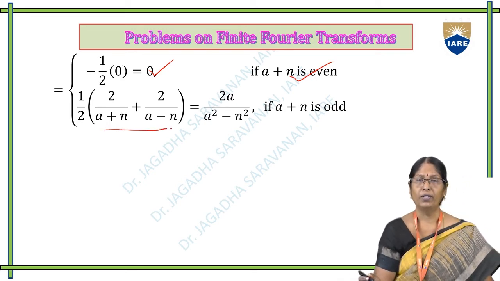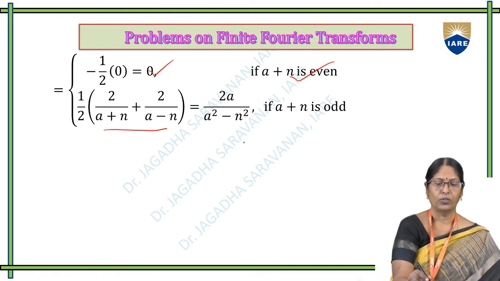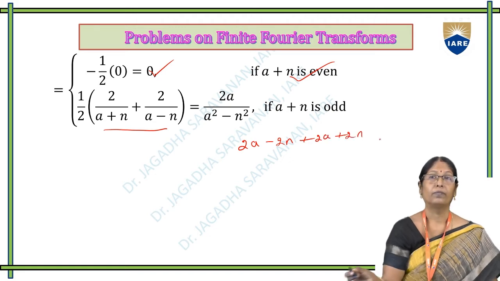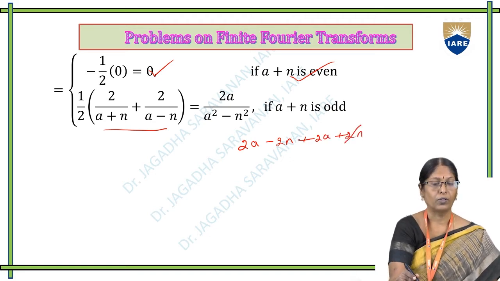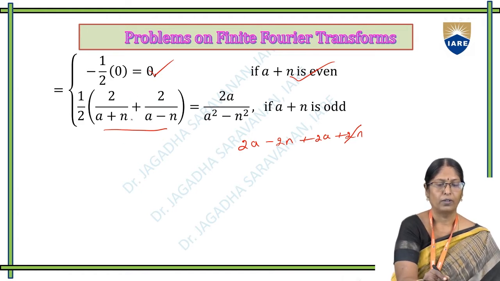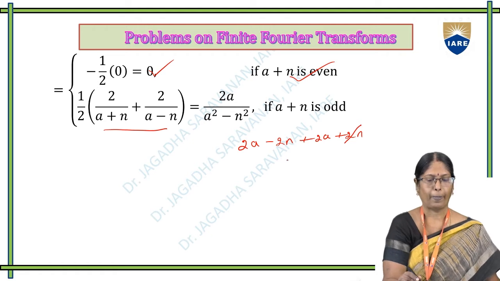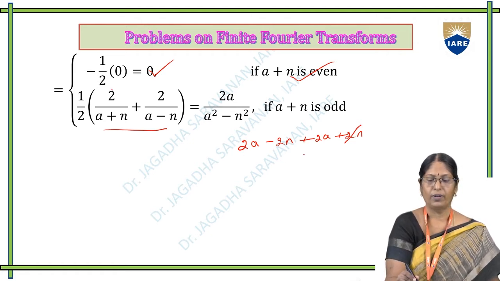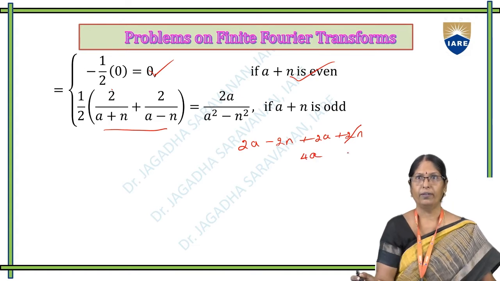This we will do the cross multiplication. So it becomes 2a minus 2n plus 2a plus 2n. So 2a minus 2n and plus 2n cancel, correct. It becomes 4a.